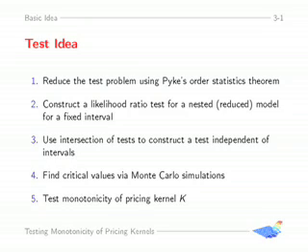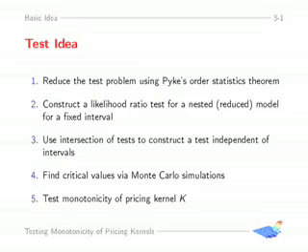We will proceed as follows. I'll briefly explain the test idea that we described in our paper. First, we reduced our problem to a simple exponential problem using Pyke's theorem of order statistics. Then, having an analytically tractable exponential model, we can construct a likelihood ratio test for a fixed interval.